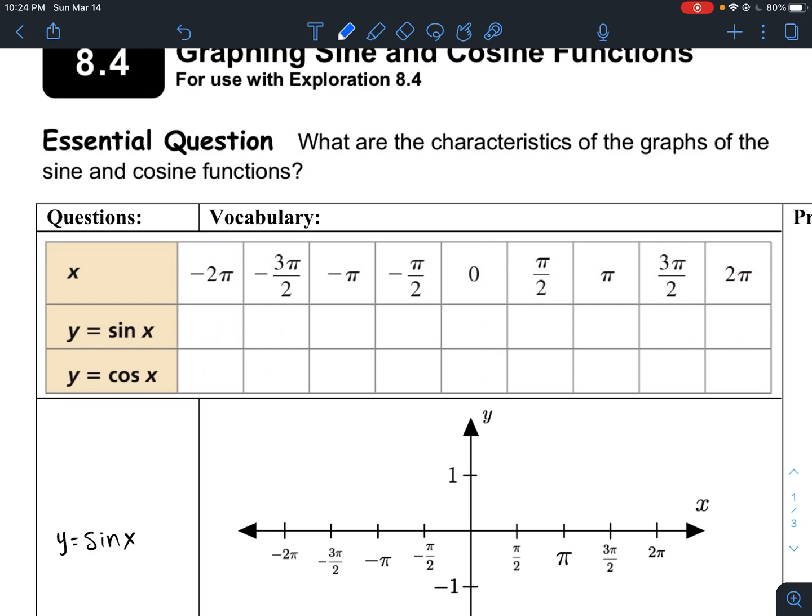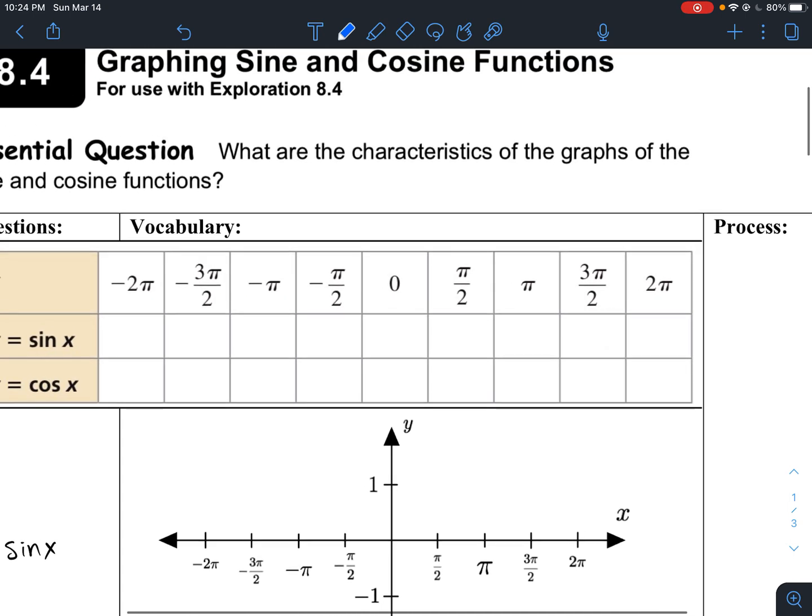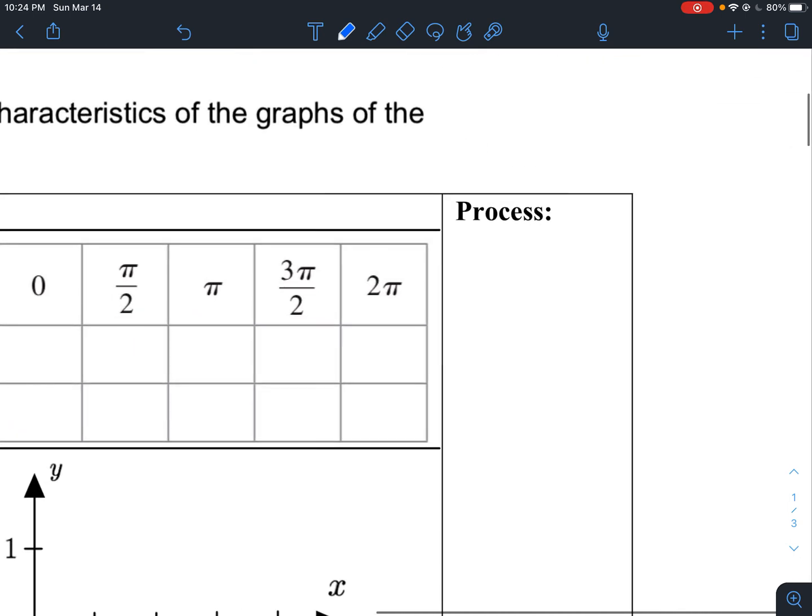So first of all, for me, I'm going to graph these. So I'm going to make myself a little graph. Remember that on a coordinate plane, when you're graphing sine and cosine functions in radians, we are taking the terminal side and seeing how much it rotates.